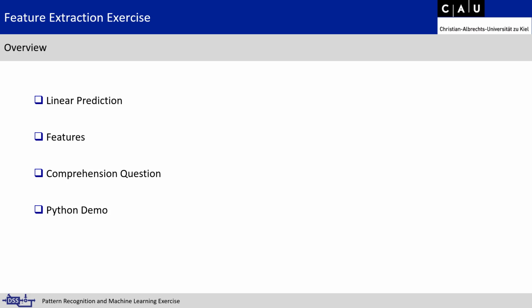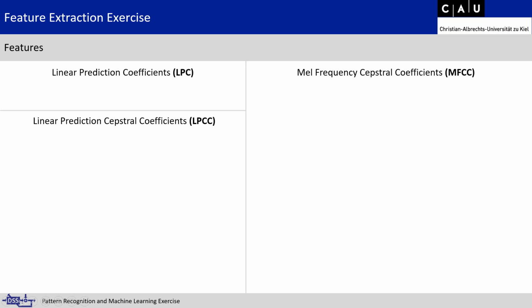Now you have enough background to go into the next section, which is the feature section. Here we look at the 3 features we learned about in the lecture. Those features were the linear prediction coefficients, LPC, the linear prediction cepstral coefficients, LPCC, and the mel frequency cepstral coefficients, MFCC.